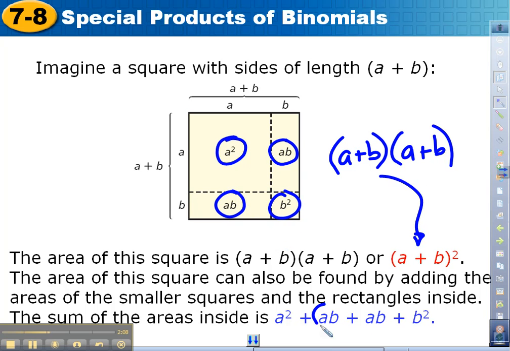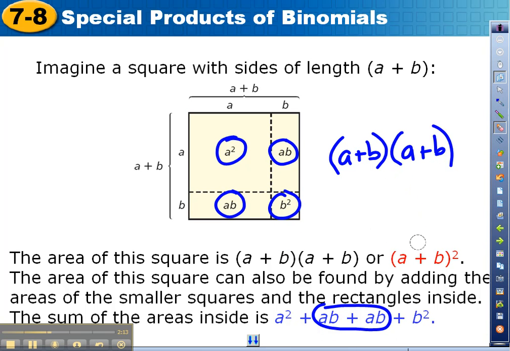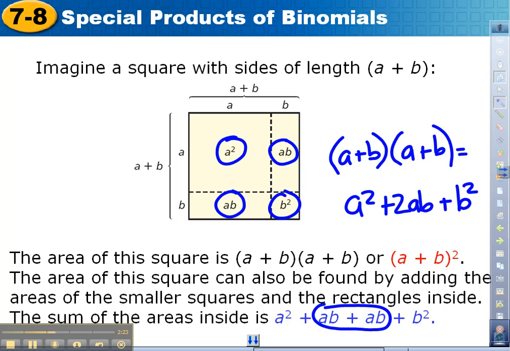What happens when you combine these two terms here? Yeah, you get 2ab. So your final answer is going to be a squared plus 2ab plus b squared. Would you get that if you used FOIL? Here's a squared.